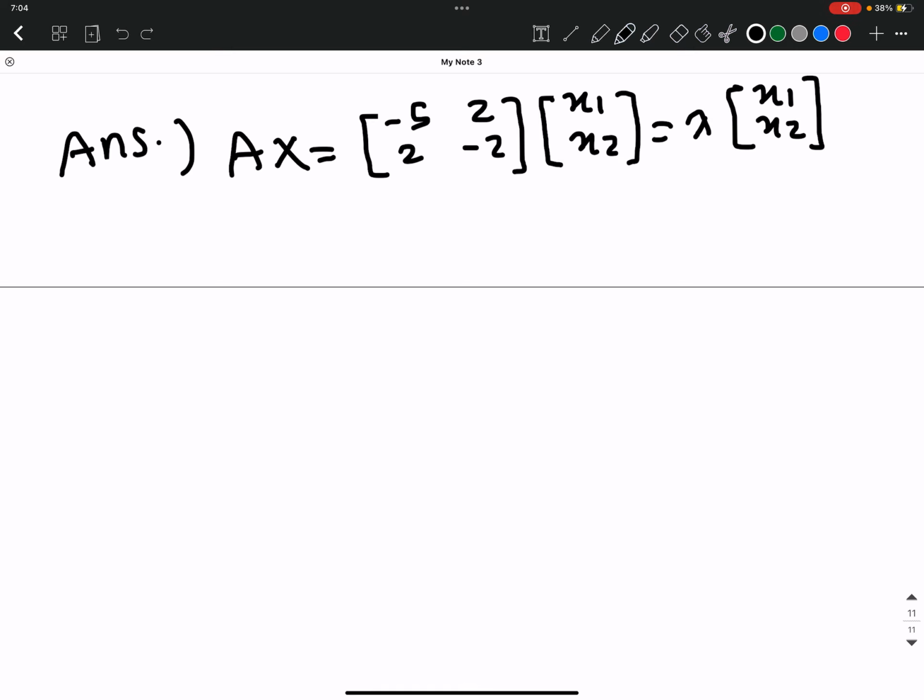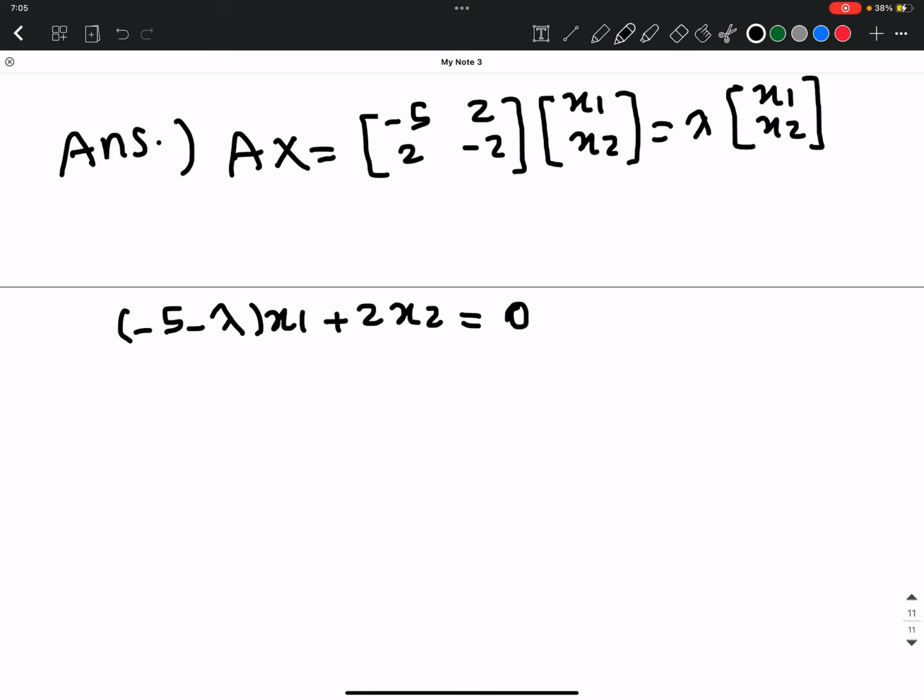These are just two linear equations. Let me write them down and see what we get. We have (-5 - lambda) x1 + 2 x2 equals 0. I bring this lambda to the left-hand side, and then I write this.